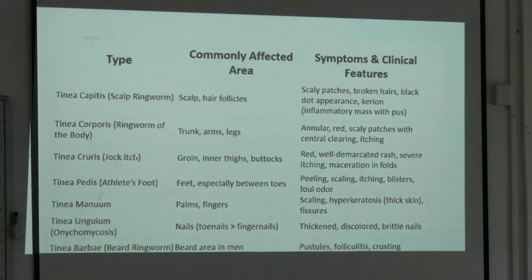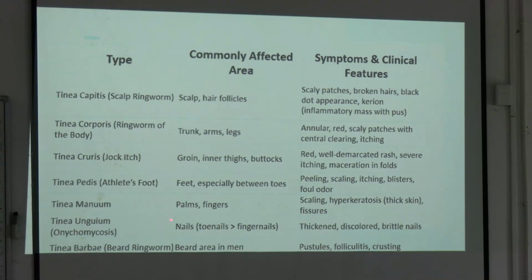Tinea cruris, jock itch, in the groin, inner thigh. Tinea pedis affects the feet, also called athlete's foot because athletes keep their shoes on for a long time. So feet, especially between the toes. Tinea manuum, palm and fingers.